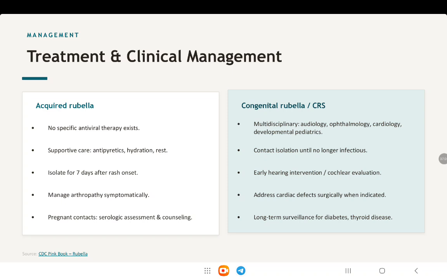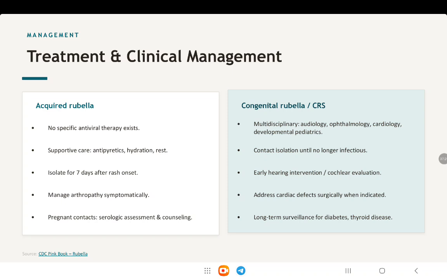In congenital rubella for a neonate, this is a multidisciplinary follow up, including radiology and ophthalmology. Radiology follows up the fetus in the uterus of the pregnant woman.